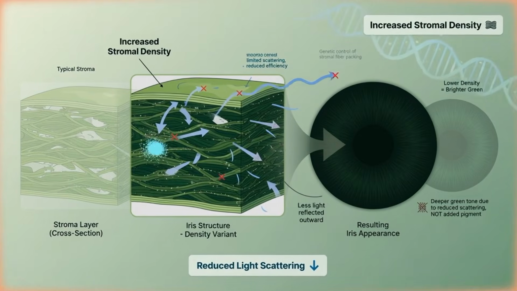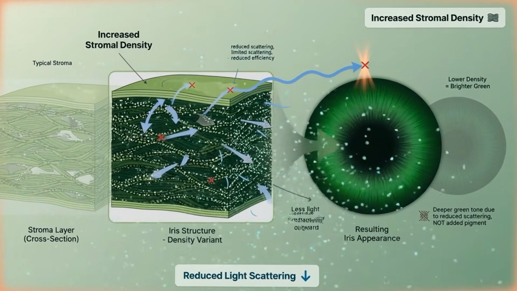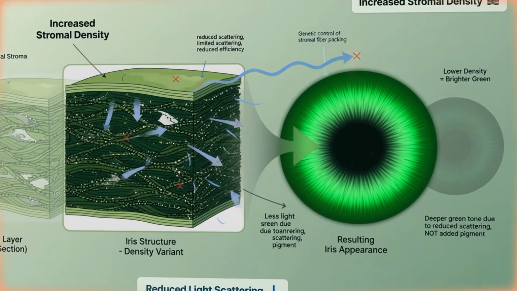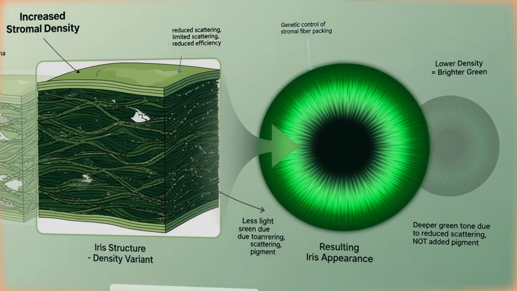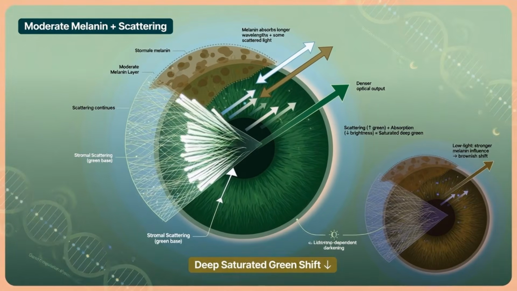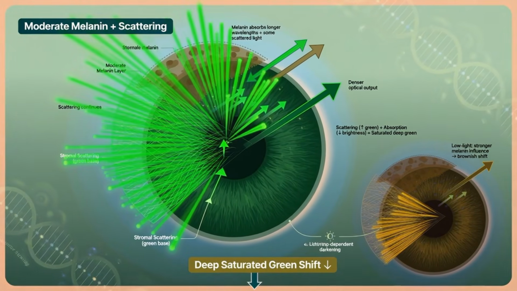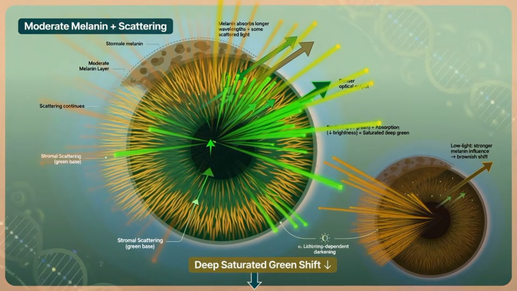Finally, there are darker green variants, where the stroma itself is denser and thicker than in lighter green eyes. Denser tissue scatters light less freely, which reduces the brightness and intensity of the resulting color. With moderate melanin also present, you get a deep, saturated green that holds its color well, but doesn't project the same luminosity as the purer variants.